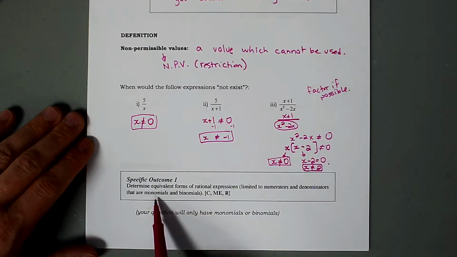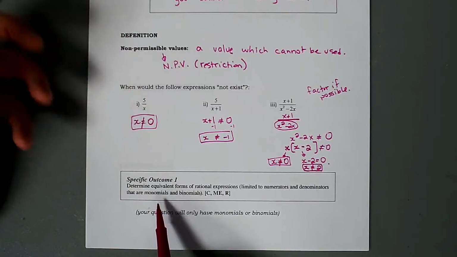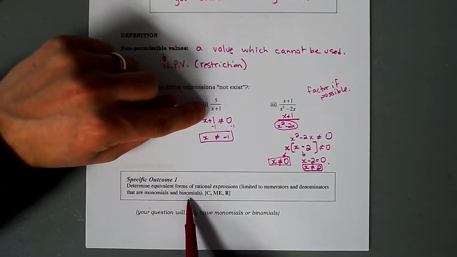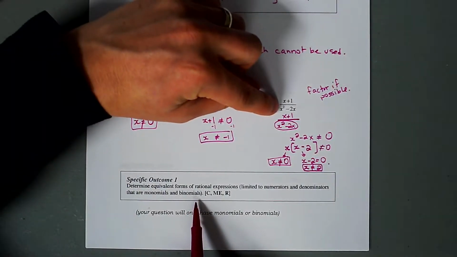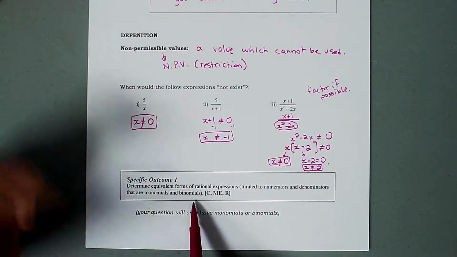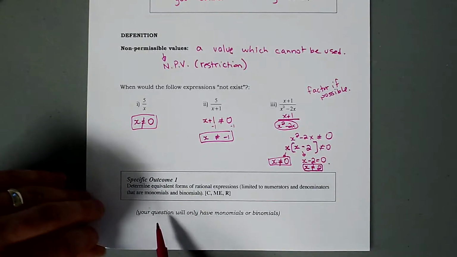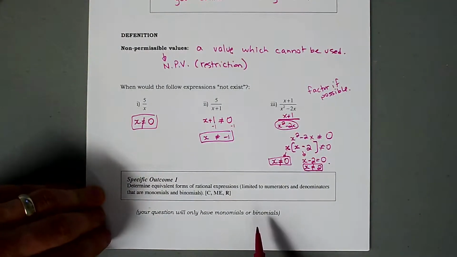So monomials is one term, like x, or 3x, there's no addition, or binomials, like x plus 1. There's two terms separated by addition. Or the bottom will be x squared minus 2x. Two terms separated with a subtraction. So we're limiting to monomials and binomials. So your questions will only have monomials or binomials for you to have to factor.